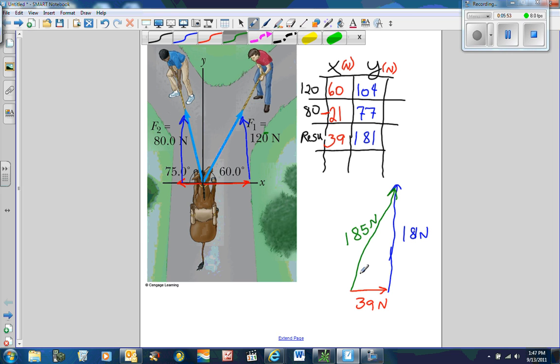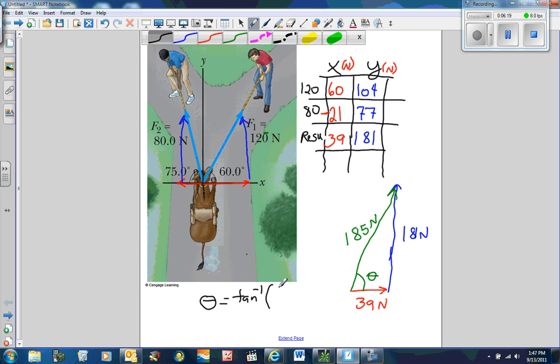Then I want to find the angle with the positive x-axis. The way it's set up, this is already from the positive x-axis. So I'm going to find theta equals arctan. In your calculator, if you do second tan, you get tan to the -1, that's arctan or inverse tan.